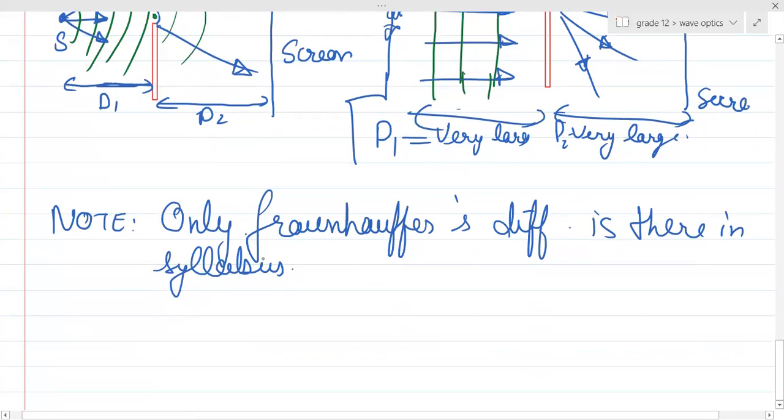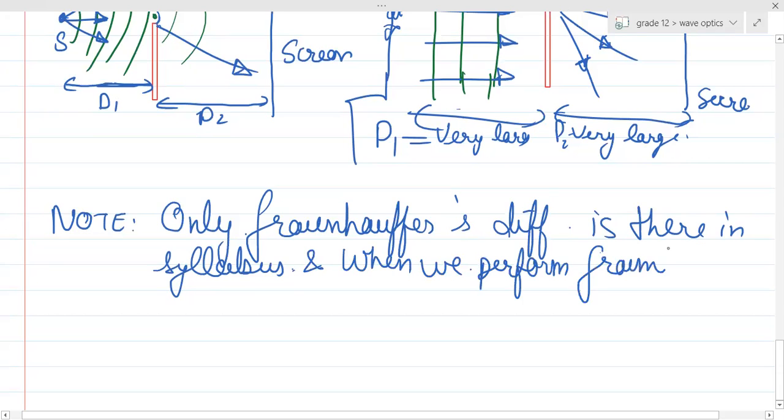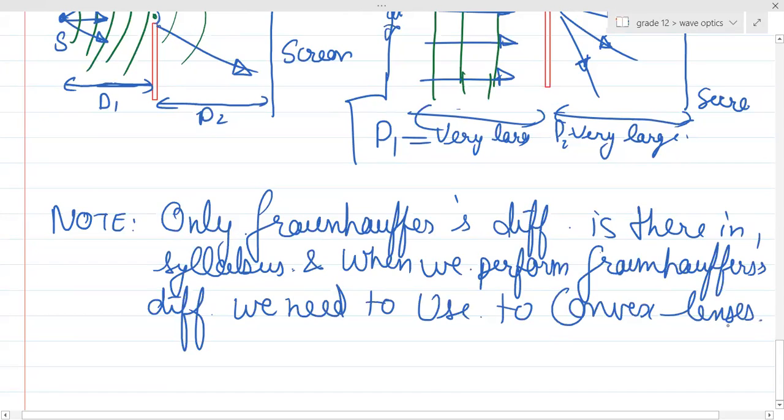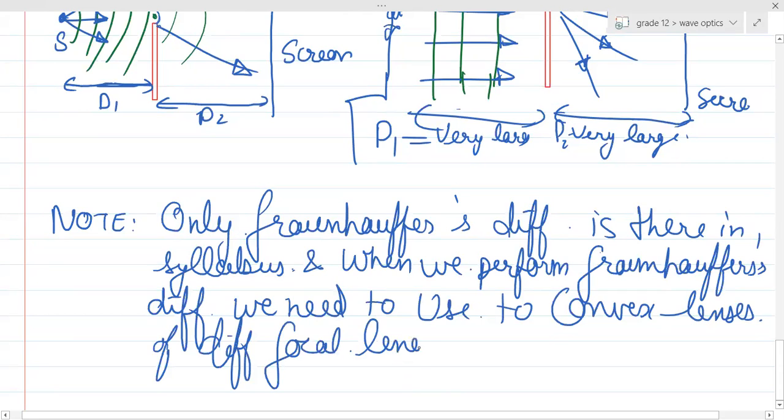Only Fraunhofer's diffraction is there in the syllabus, and when we perform Fraunhofer's diffraction, we need to use two convex lenses of different focal length, right?